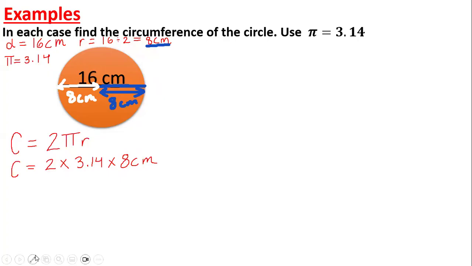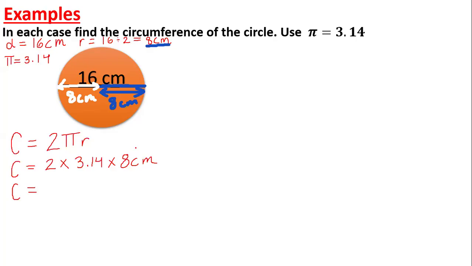You say, okay, I understand you divide 16 because 2 times 8 is 16, right? So 16 divided by 2 equals 8. But I don't want y'all to use 16. Use 8.